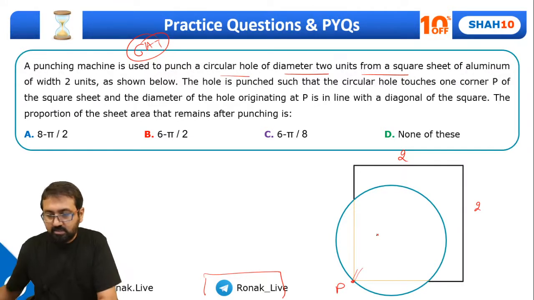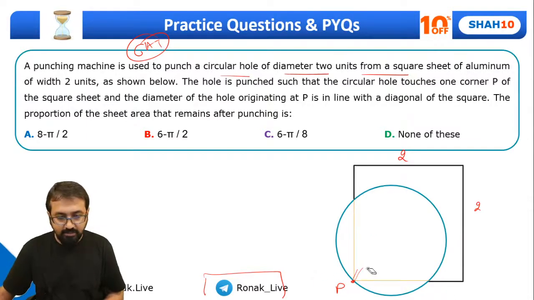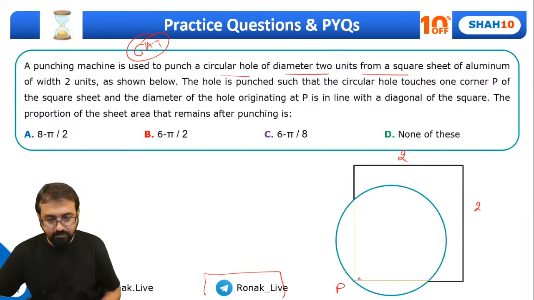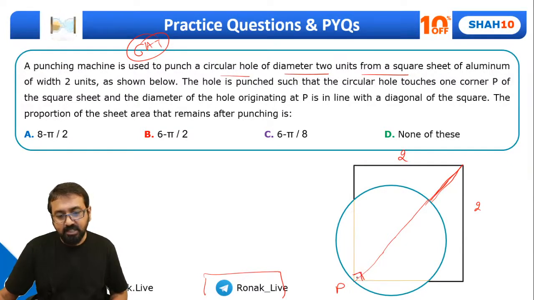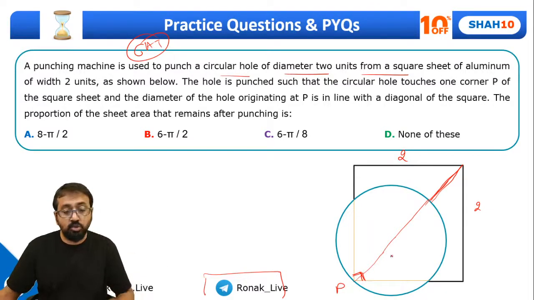Let me draw it properly. So this is the diameter of the circle as well as the diagonal of the square. This is that complete line. Now please understand this angle is 90 degrees, because it's a square.